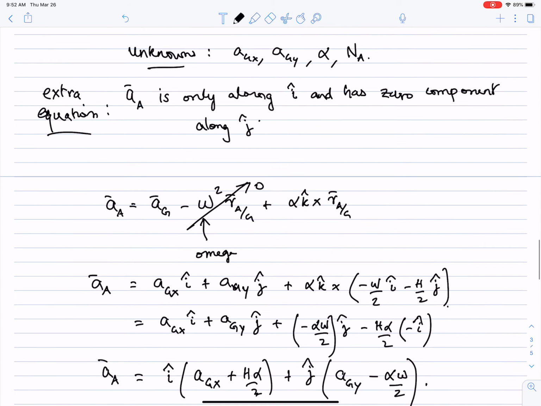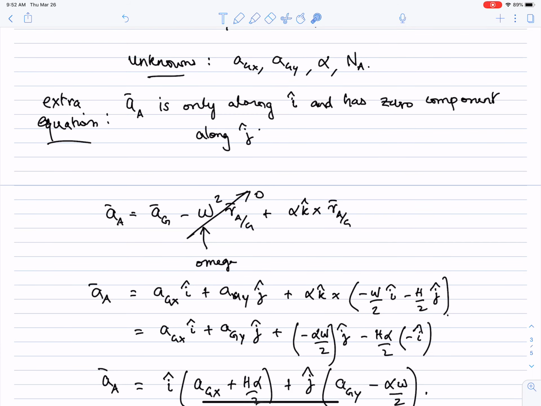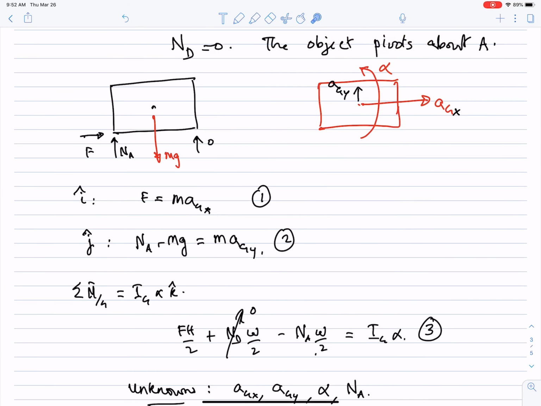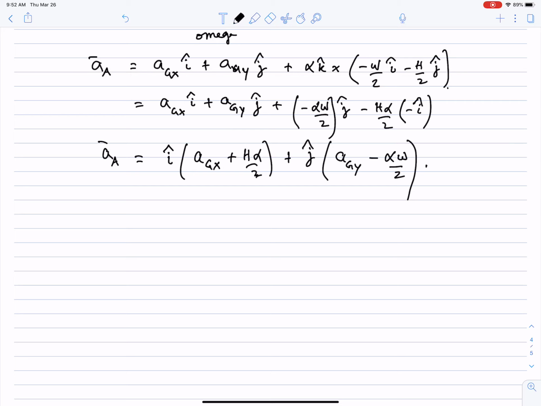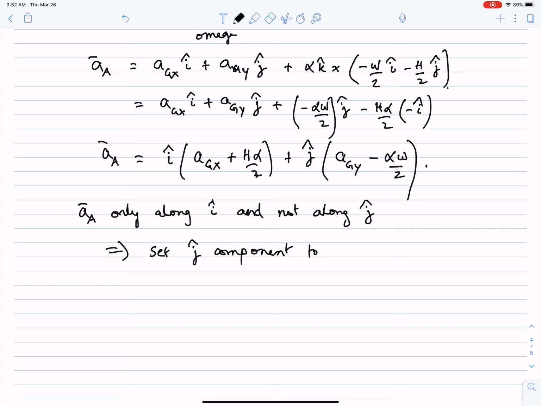And the extra equation that we get is that the acceleration of point A is only along the x direction, not along the y direction. So AA is only along I, and not along J, which implies we set the J component to 0.